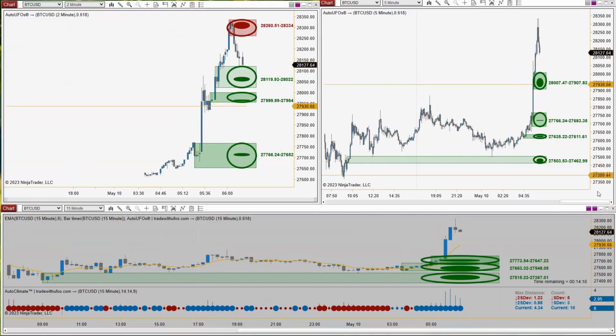All right. But it's actually very visually appealing to those who like to see a visual representation of something that is oftentimes subjective, which is: are we in an uptrend or are we in a downtrend?